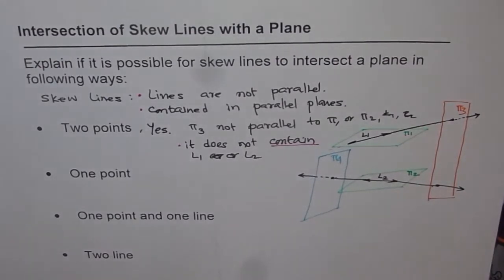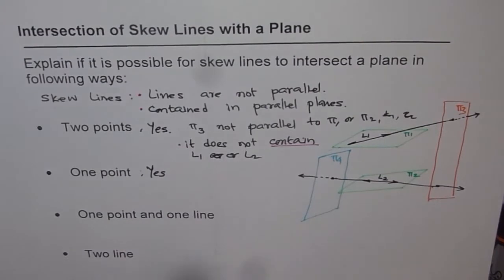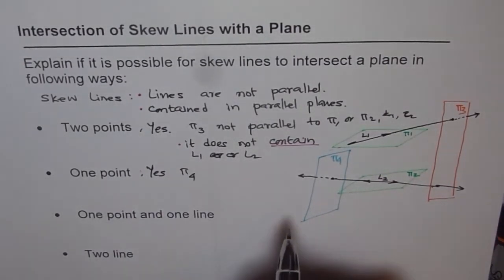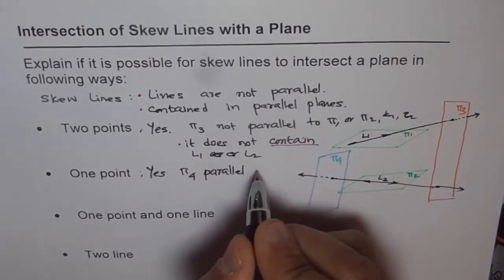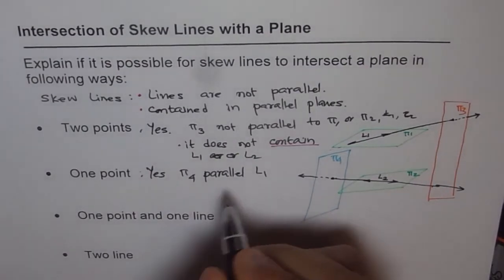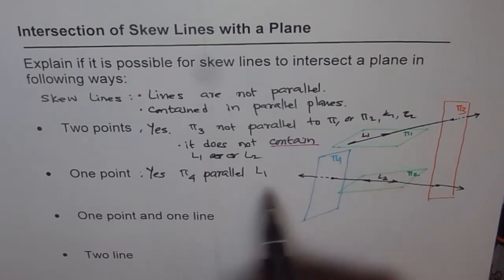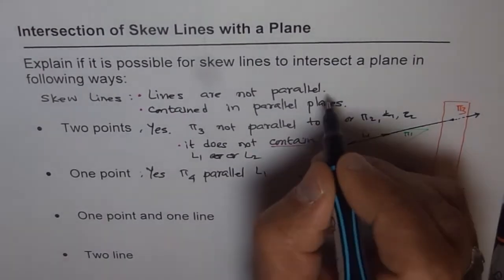As you can see, the answer is yes, it can intersect at 1 point. Here we have a plane which is parallel to line L1, one of the lines, but not parallel to L2, since these two lines are not parallel. Do you understand? That is the advantage we have taken of this condition.